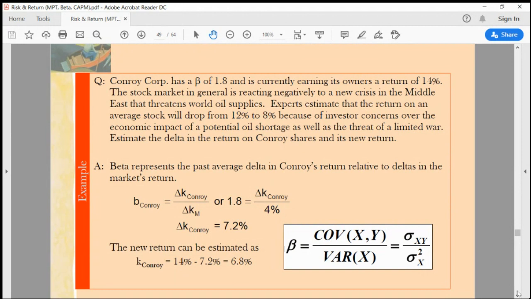Right? If the beta is 1, what does that mean? It is simply the market's risk, right? If Apple's beta is 1, what does that mean? If the market goes up by 10%, Apple goes up by 10% as well. But the downside is, if the market goes down by 10%, Apple is going to go down exactly by 10%.